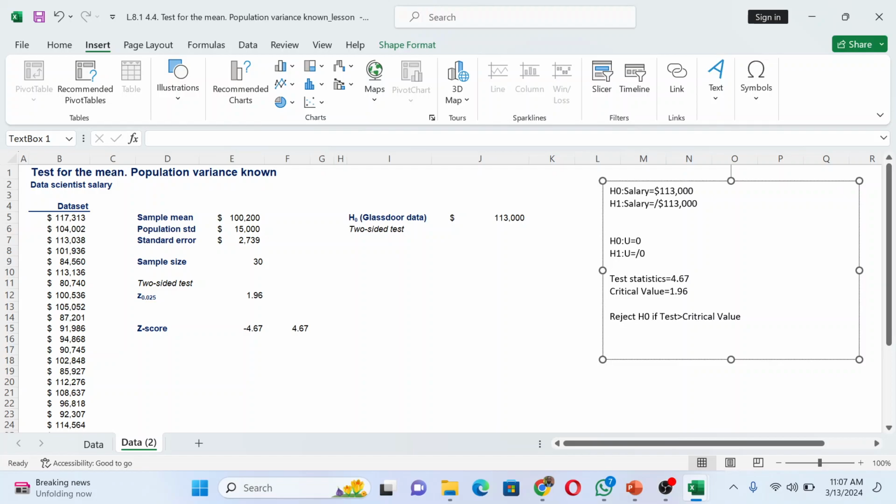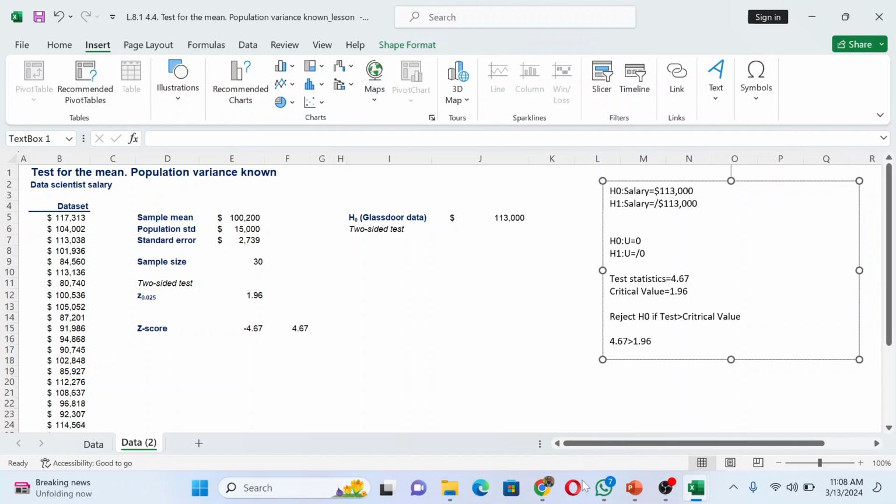So according to our data, we are going to reject the null hypothesis, right? Because we reject if the test statistic is greater than the critical value. In our case, our test statistic is 4.67, which is truly greater than our critical value, which is 1.96.